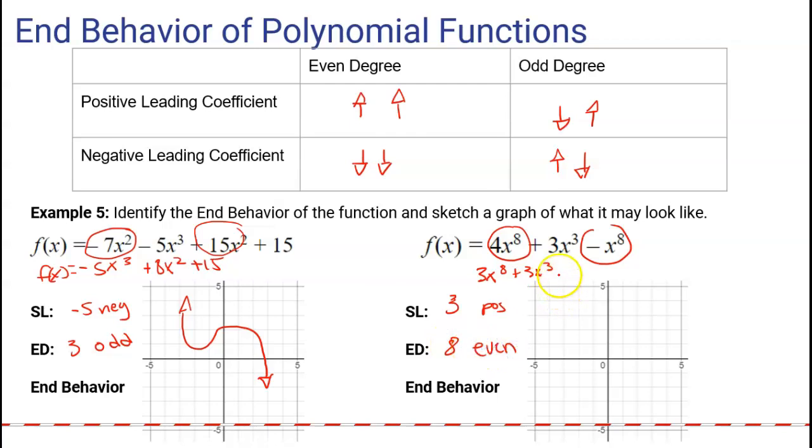And remember, the number of terms that we're going to have is equal to our degree. So we're going to have a positive even, which means they're both opening up. 1, 2, 3, 4, 5, 6, 7, 8. You can count them if you're not sure.